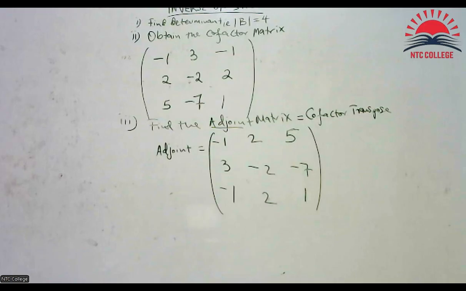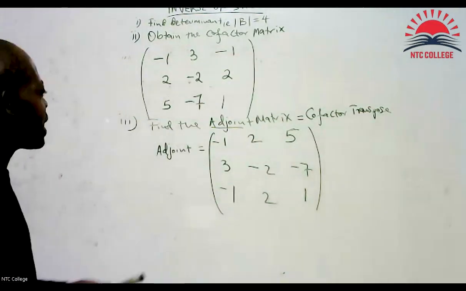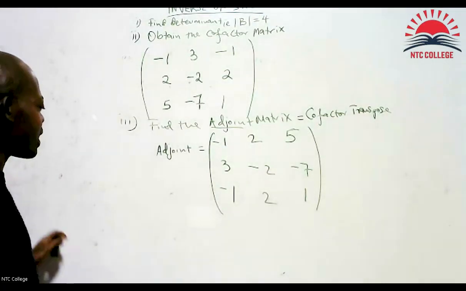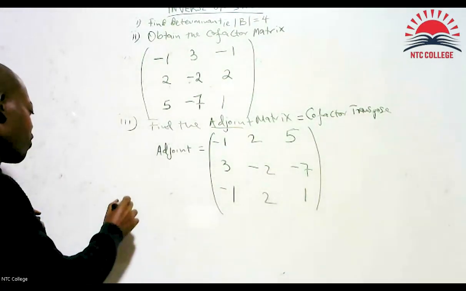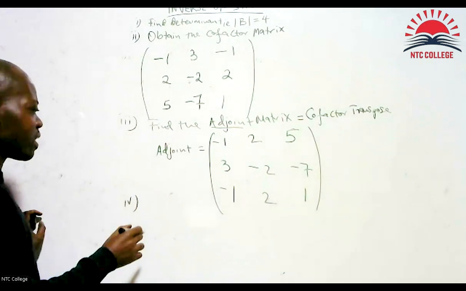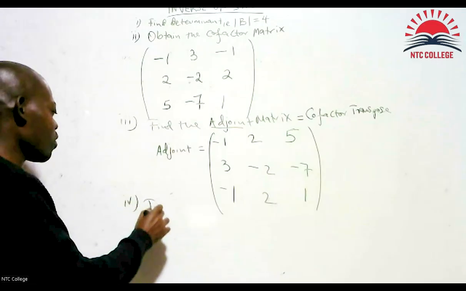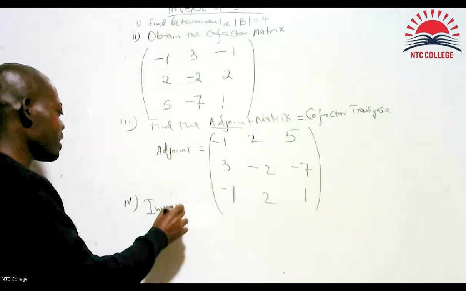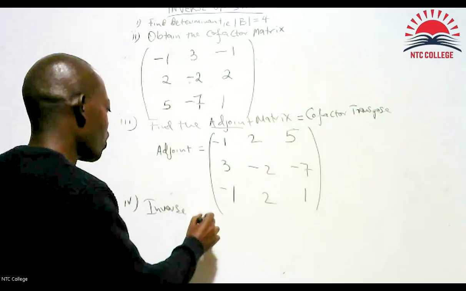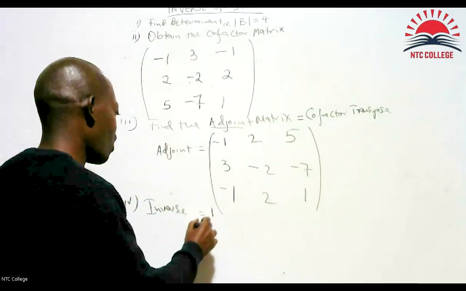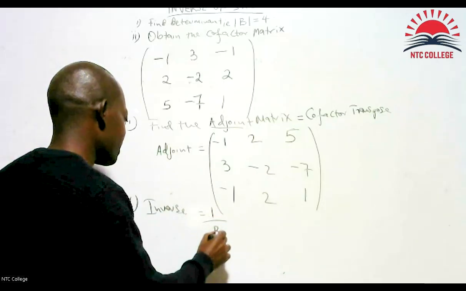And we conclude, therefore, after obtaining the adjoint, look at how interesting it is now. Step 4, the inverse, because that was the objective. The inverse is equal to 1 all over the determinant.